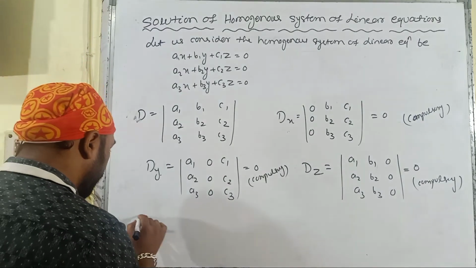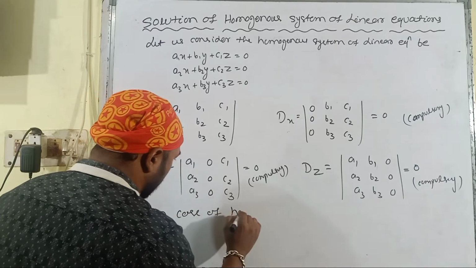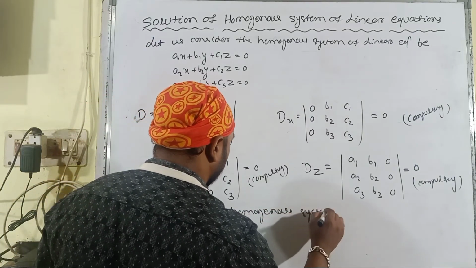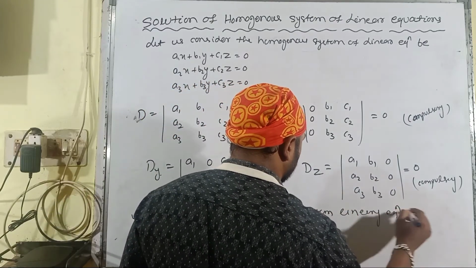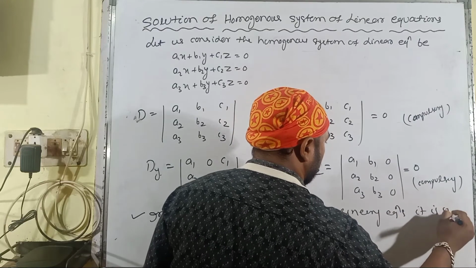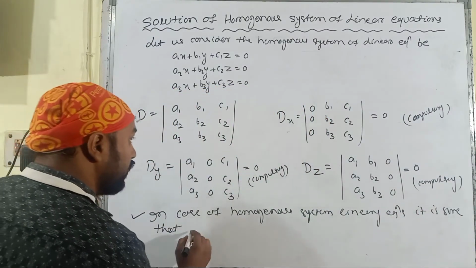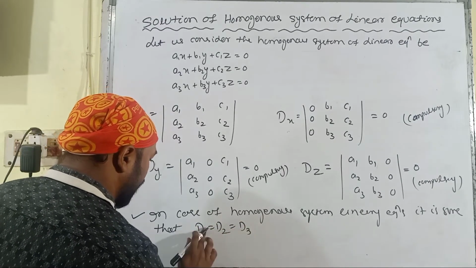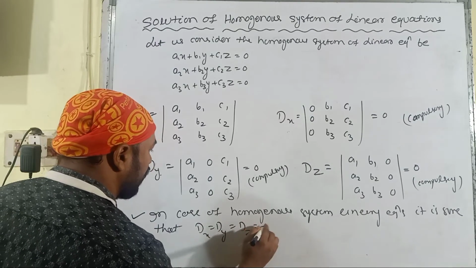So in case of a homogeneous system of linear equations, it is sure that Dx is equal to Dy is equal to Dz is equal to 0.